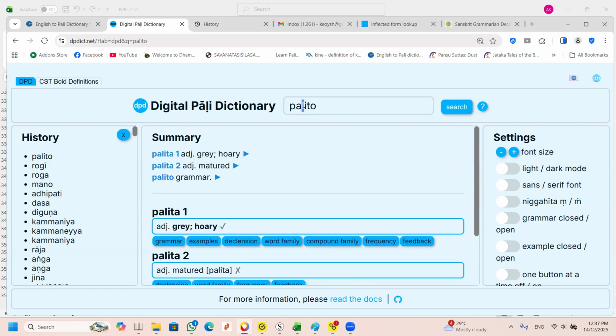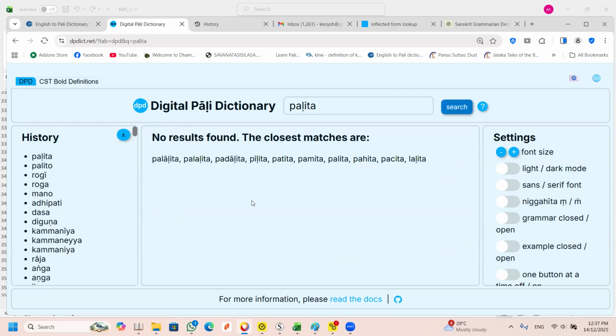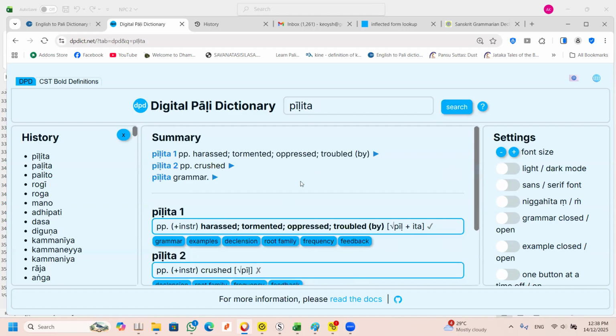I need to type the L with a dot. Palita. This is the one, long E. This is the one.